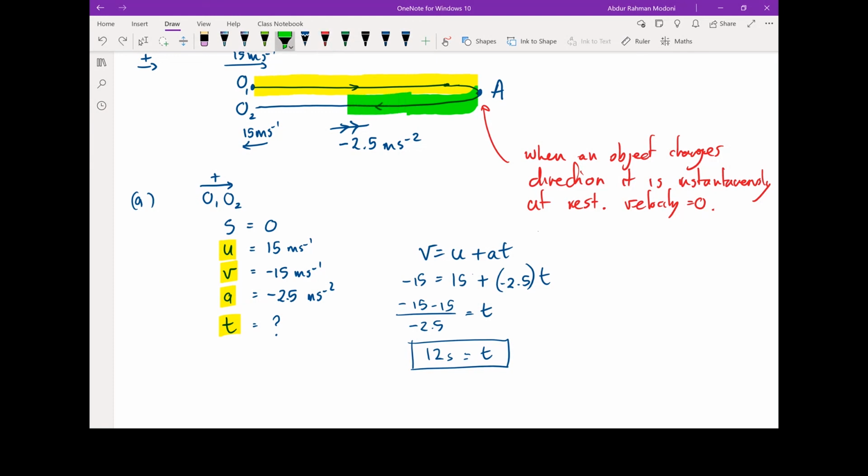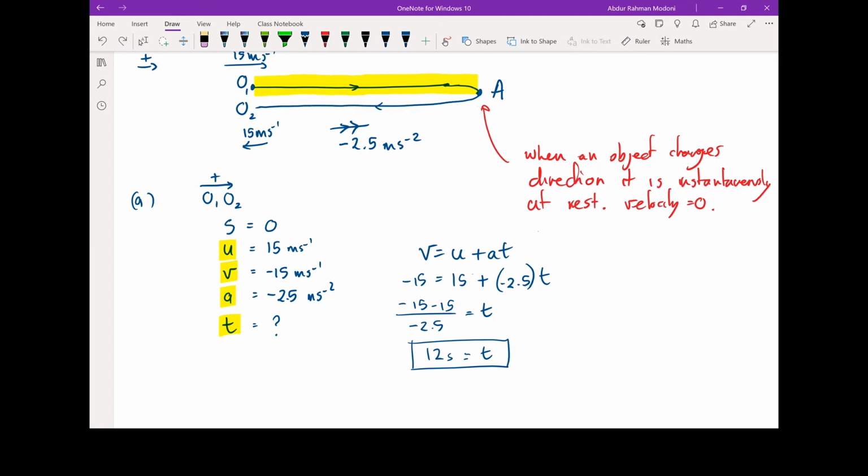Now, as we keep on going back, the distance that we had going from O1 to A is essentially doubled going back here. So if we want to find the distance, we would work out what the distance is before it changes direction, so all the way from O1 to A. So let's focus on that, and we'll then work out what that distance is.